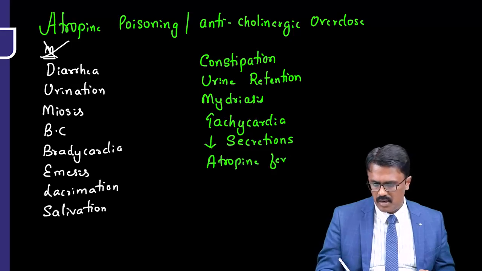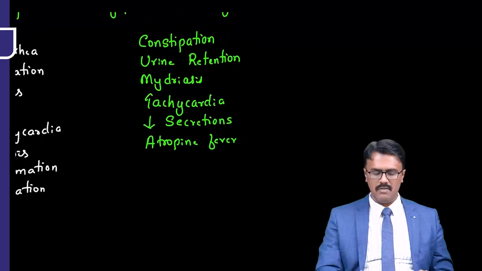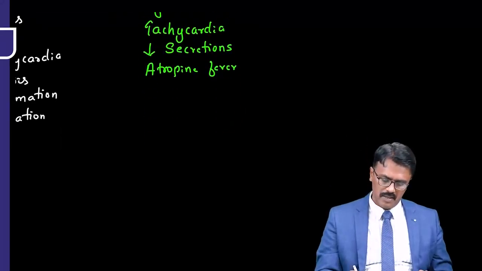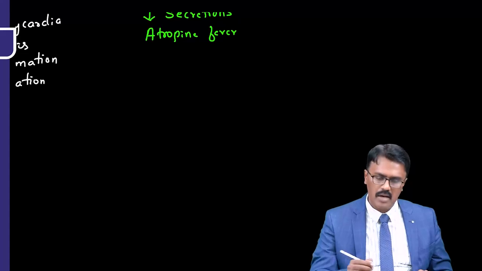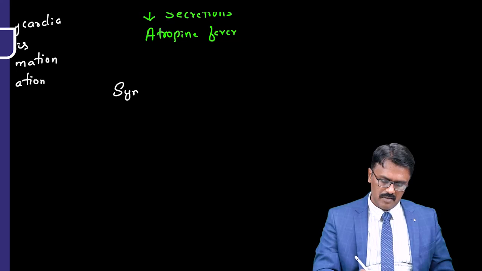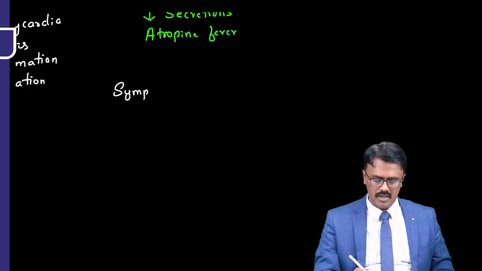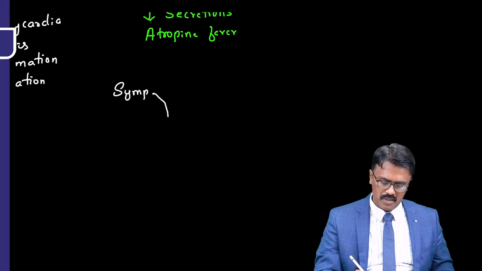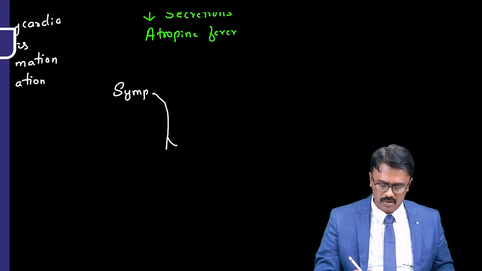Now what do you mean by atropine fever? Why there is fever? Now let me explain that. Now we have a simple concept of sympathetic fibers. So there are certain exceptions for that. Even though they are sympathetic in origin, the fibers are cholinergic for a gland called sweat gland.